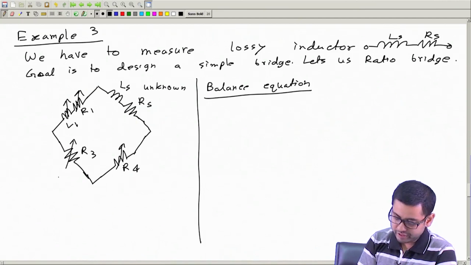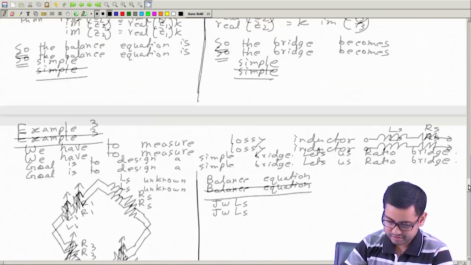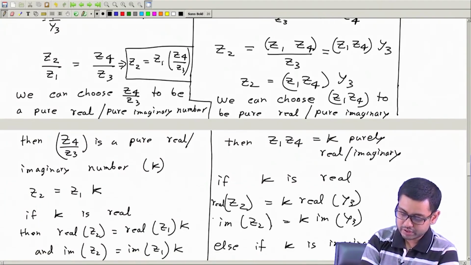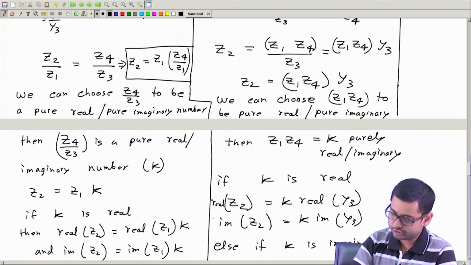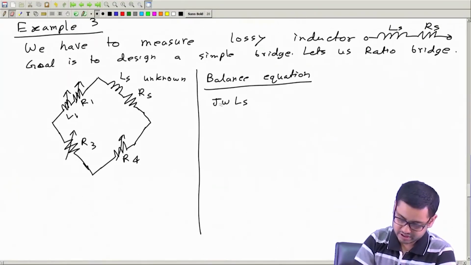Okay, so we will write this as Ls, say this divided by this. So j omega Ls. So let us write it this way directly from here. Z2 is equal to Z1 multiplied by Z4 by Z3. Okay, so let us start from there.